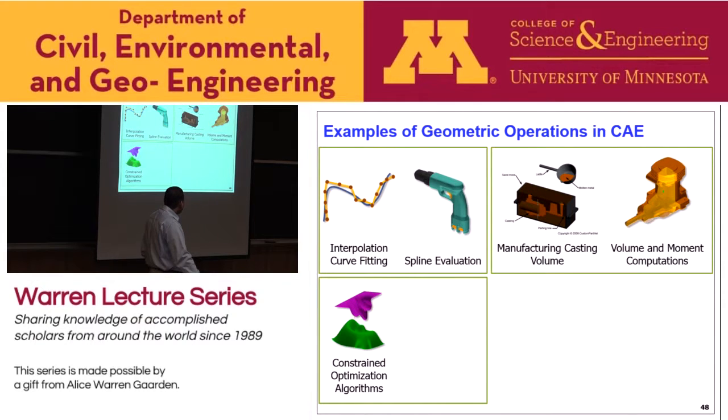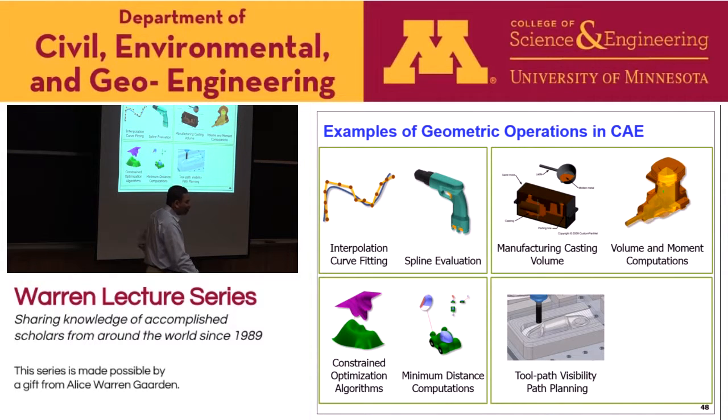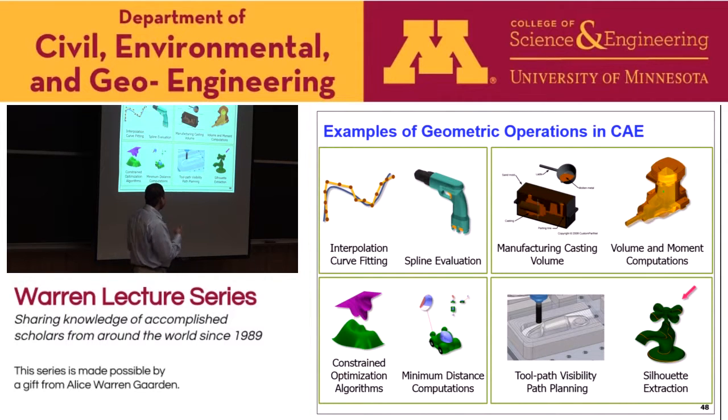I didn't talk about this, but any algorithms that you develop for minimum distance computations can be used for constrained optimization algorithms too. And then finally, if you want to manufacture something, one of the key things in manufacturing is how accessible the tool is and how visible the tool is. And something known as silhouette curves can be used in these situations.